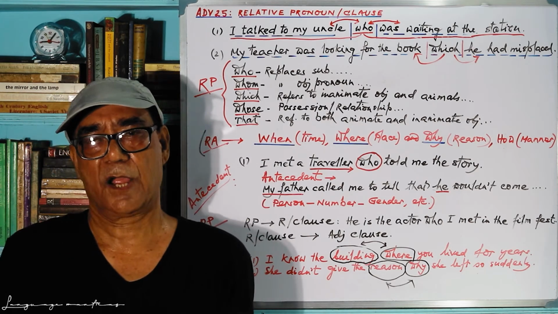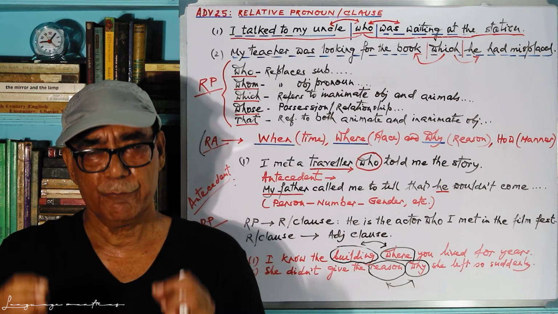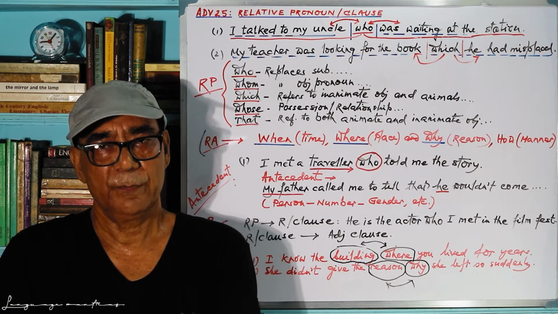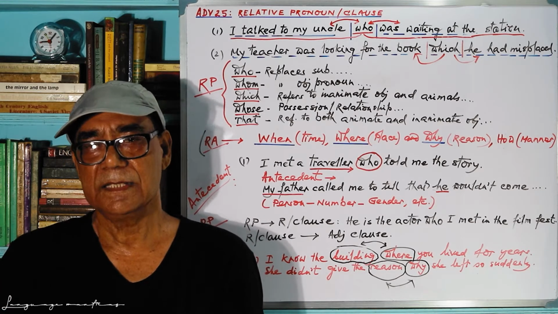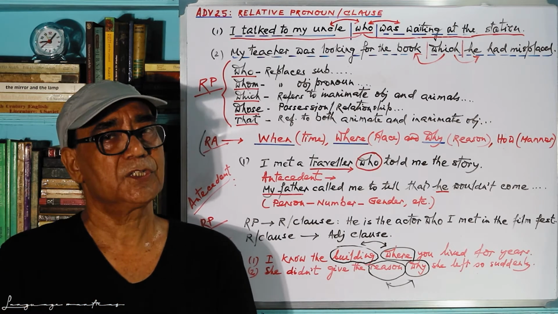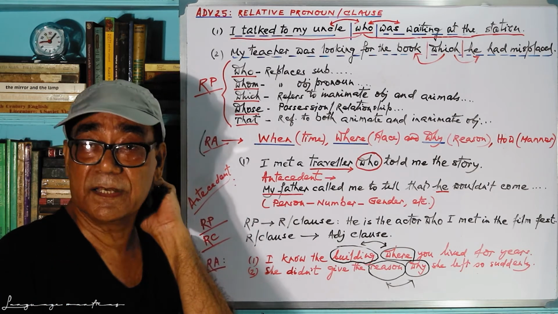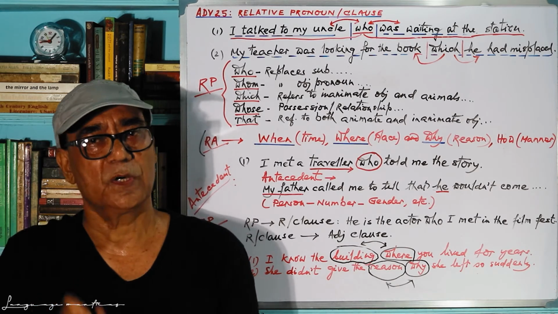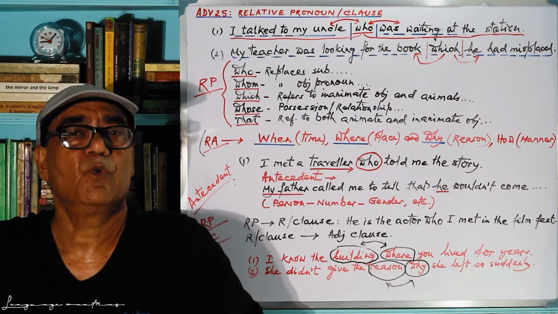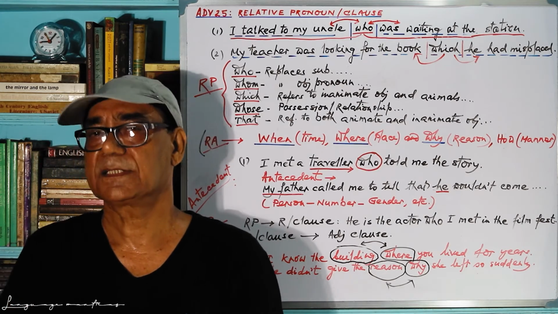These are relative pronouns. So relative pronouns are the words we frequently use. And whenever we read a book, whenever we read a newspaper, these relative pronouns just dance around us. But many of you may not know that these words are called relative pronouns. And these words have direct relationship with what we know as adjective clause. We'll talk about that later.